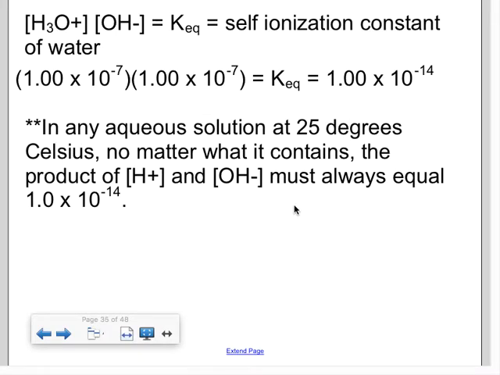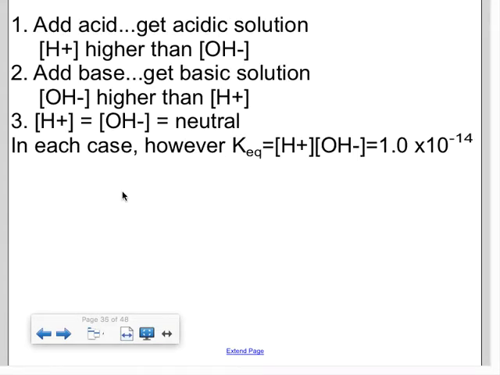We can set up an equation called the self-ionization constant of water, or K equilibrium, where H3O plus and hydroxide together have to equal the pH scale of 14. This states that in any aqueous solution at 25 degrees Celsius, no matter what it contains, the product of H plus, or H3O plus, and hydroxide must always equal 10 to the negative 14.